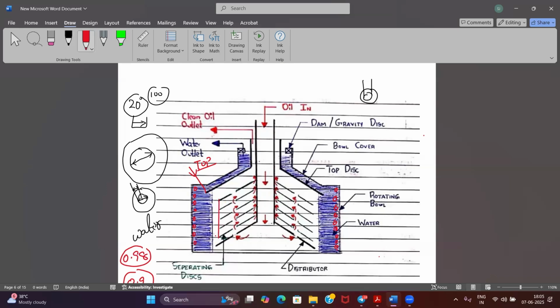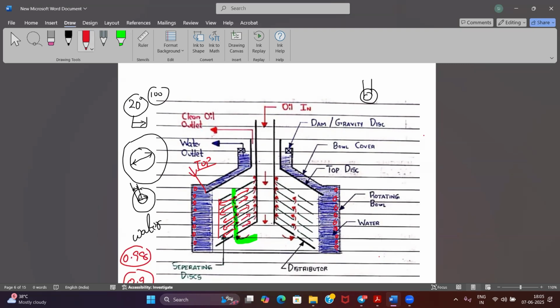Oil is entering from the holes of the discs, and it is going like this. Whatever heavier particles are there will be pushed outward, towards the periphery, like water and sludge. And the clean oil will be going inward. Agreed?